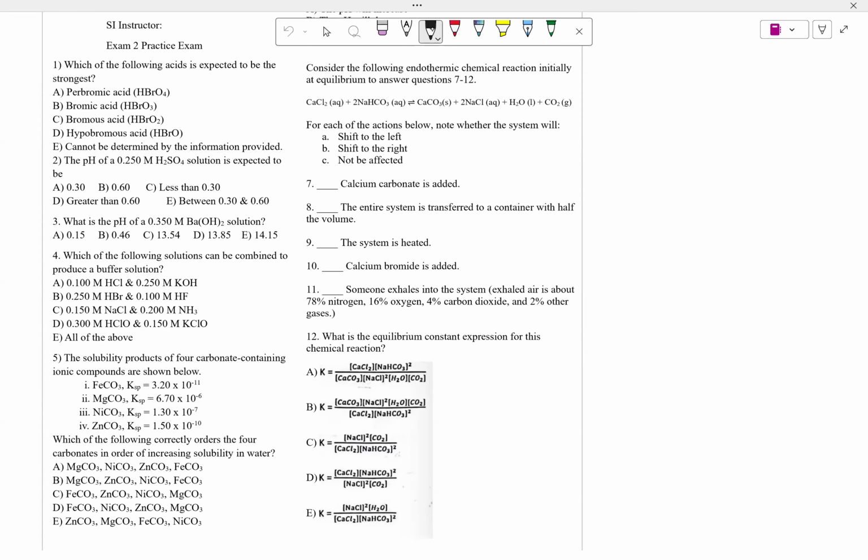Okay, next. When you're doing buffer problems, first of all, how do you approach them? I don't understand buffer problems. The hint that there's a buffer is if you have a weak acid and its conjugate.